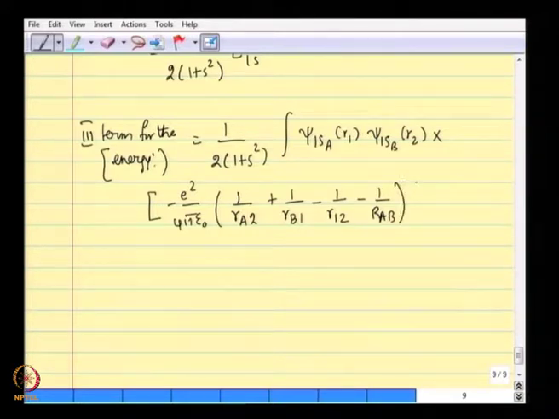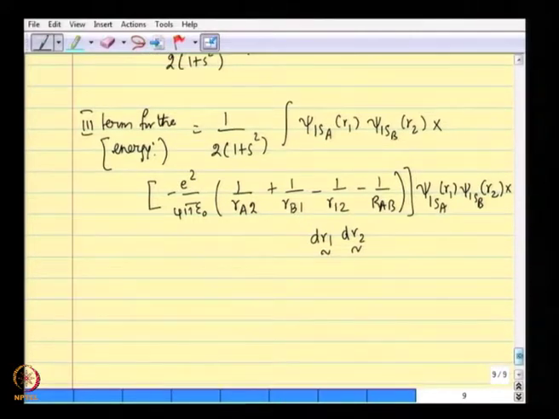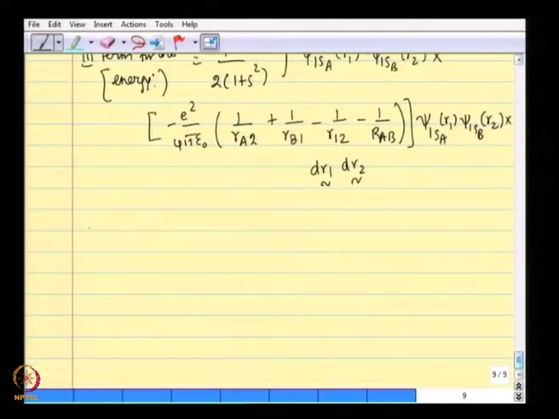Okay. All of this multiplied by the wave function psi 1sA or 1 psi 1sB or 2 times d or 1 d or 2.